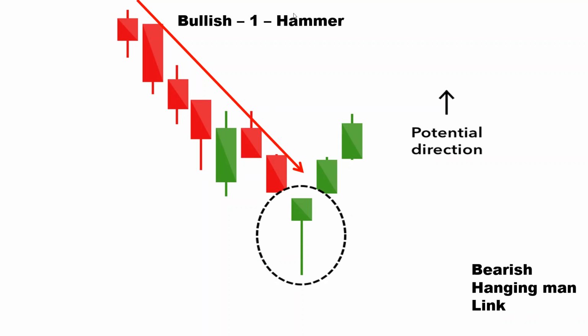I will not try to remember which one is a hammer or what it is. What I will remember is the logic. Where did my candle open? The candle opened here, O for open. Then it went down, it went up, down, and it touched the low.